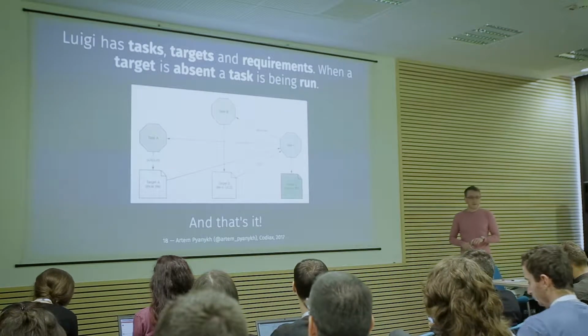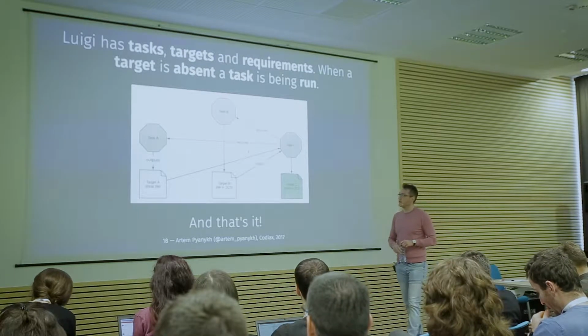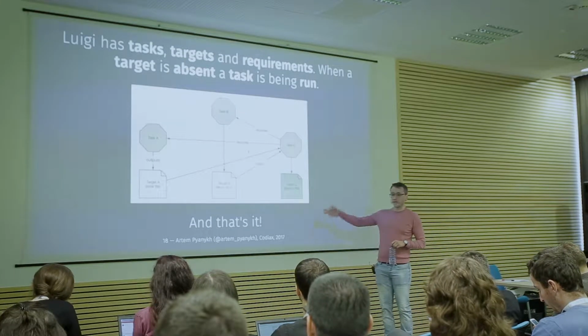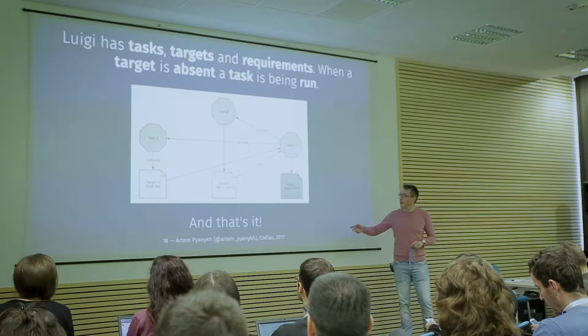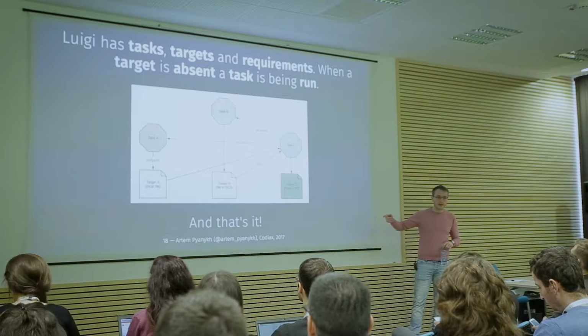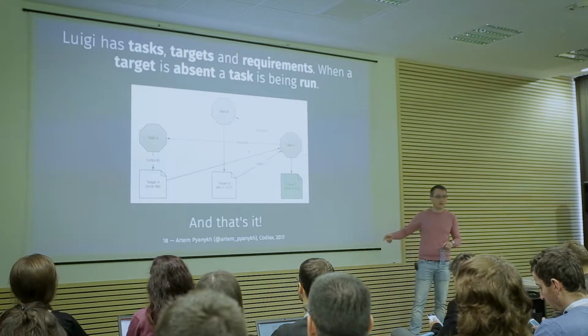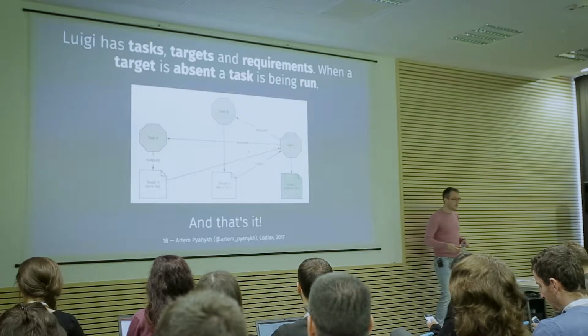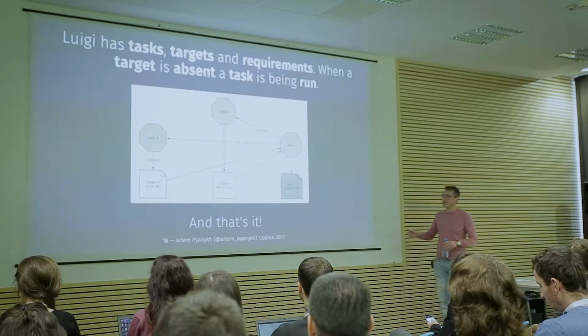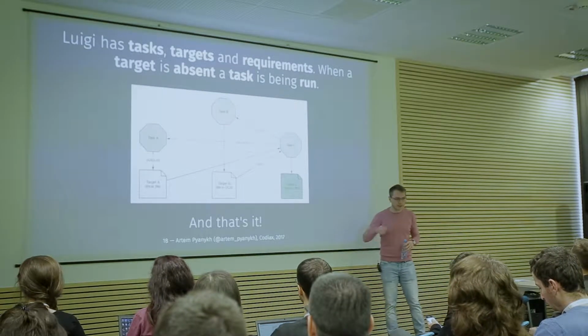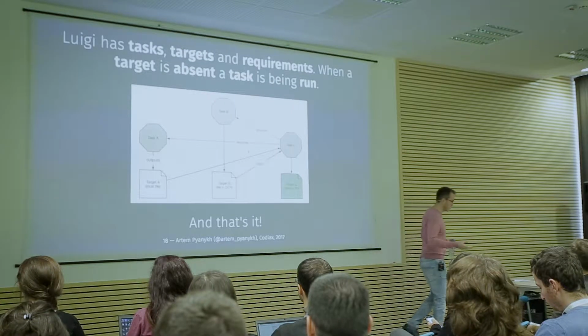So just to cover some basic concepts of Luigi. Luigi has tasks. Tasks have dependencies and have outputs, which are targets. So it's that simple. If you consider some task, it's basically like a function that takes one or more inputs and produces an output.